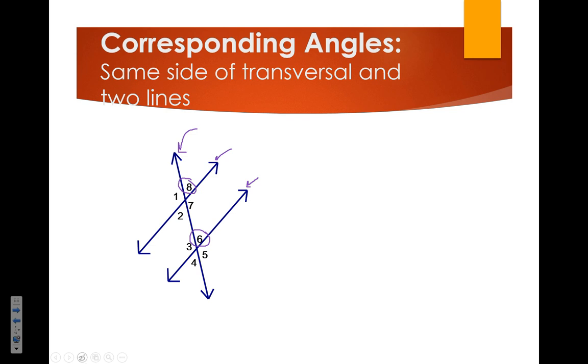So angles 8 and 6 are, but so are angles 1 and 3. 2 and 4 are both below the two lines and to the left. And then 7 and 5 are also below the lines and to the right of the transversal. So those are corresponding angles.